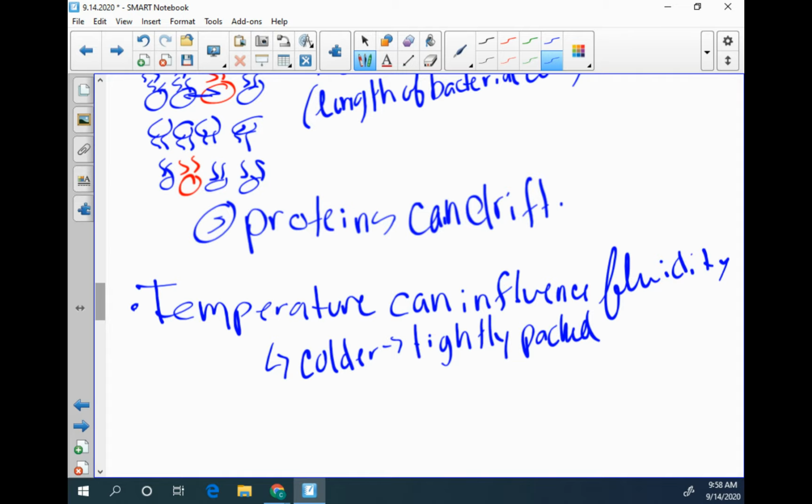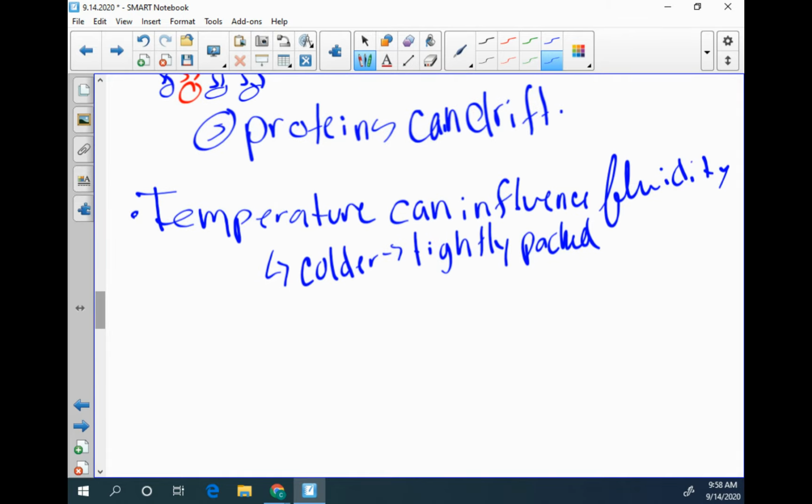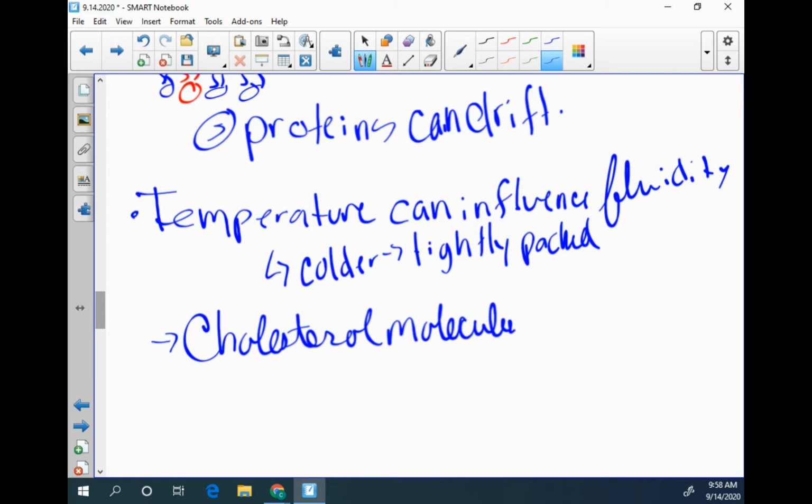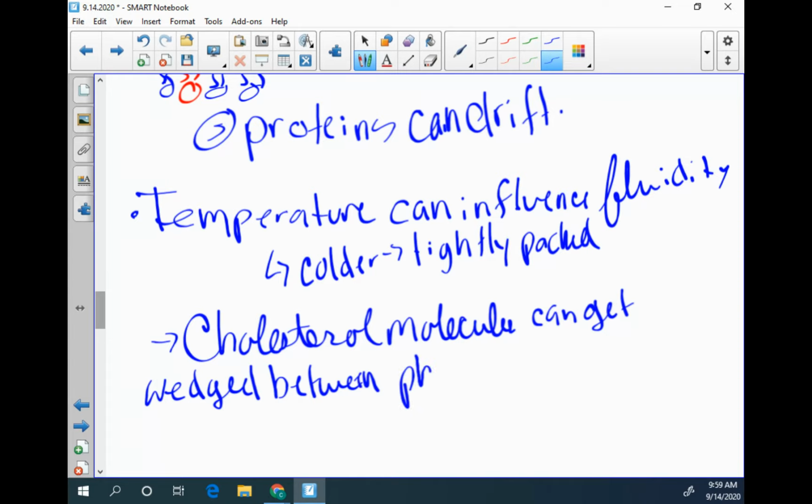So in cells that are used to colder environments, cholesterol molecules can get wedged between phospholipids and affect fluidity.